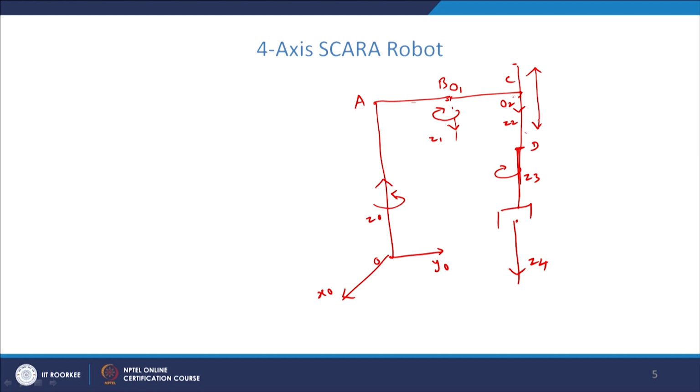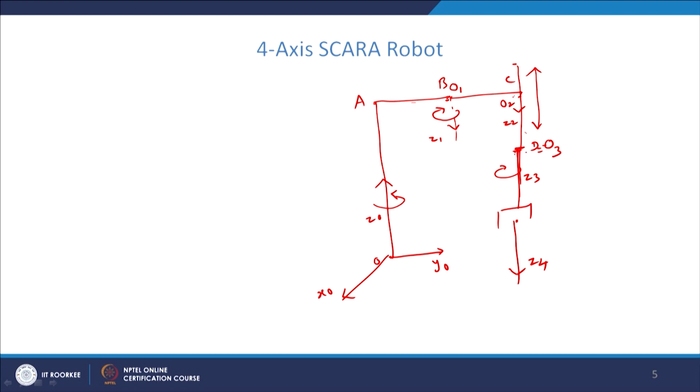So, they are intersecting at all the points. So, we can select a convenient point as the origin. So, the convenient point is D itself. So, we can call this as O3. The origin is the point D itself.